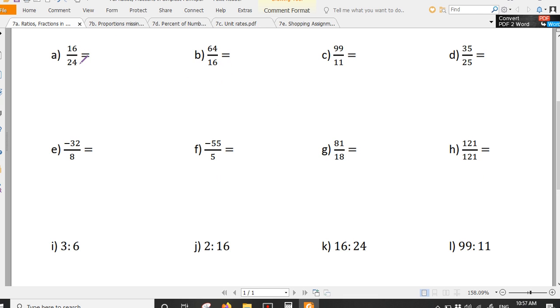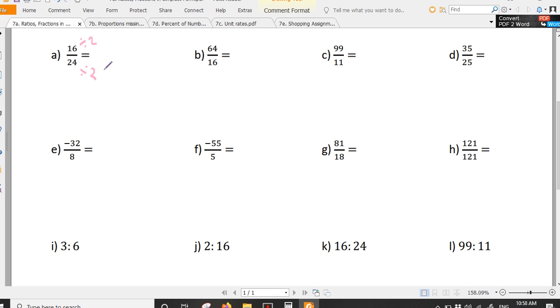What's the biggest number? Now, if for whatever reason you can't figure out the number, you can always do this. Well, I know they're both even, so let's try 16 divided by 2. The key here is whatever you divide the top by, you must divide the bottom by the same number. So let's try 2.